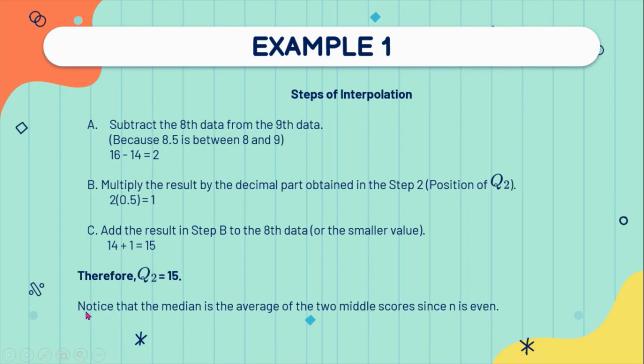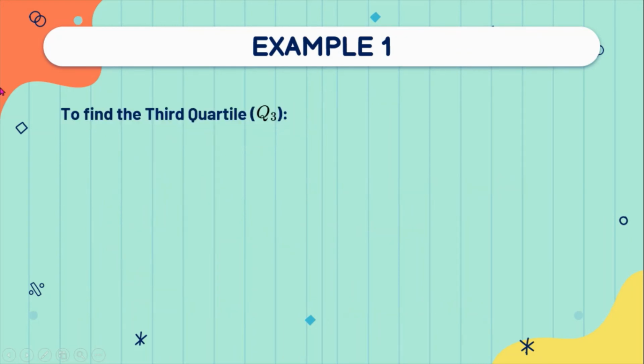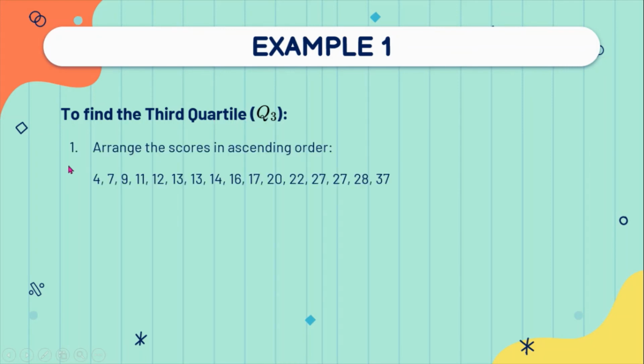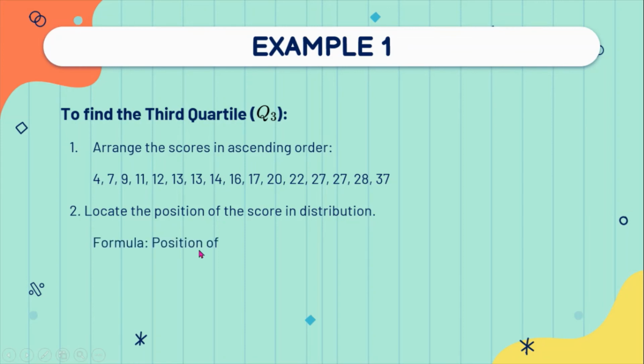Here, notice that the median is the average of the two middle scores since n is even. Now let's find the third quartile or the Q sub 3. First, arrange the scores in ascending order. These scores here are already arranged in ascending order. Next, locate the position of the score in the distribution. Using this formula, our k here is equal to 3 since we are looking for the third quartile.